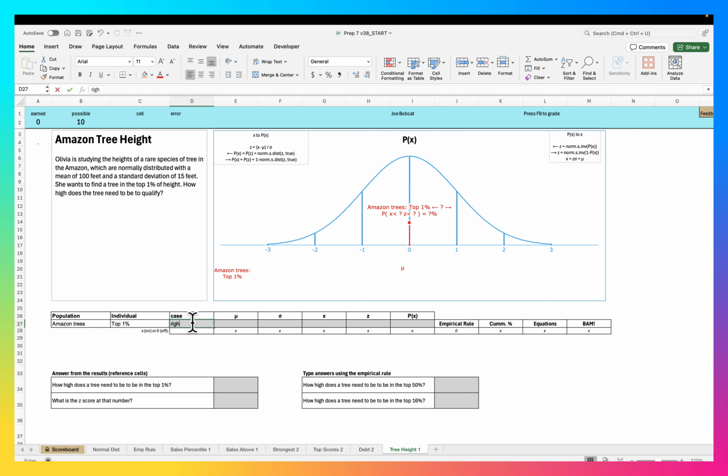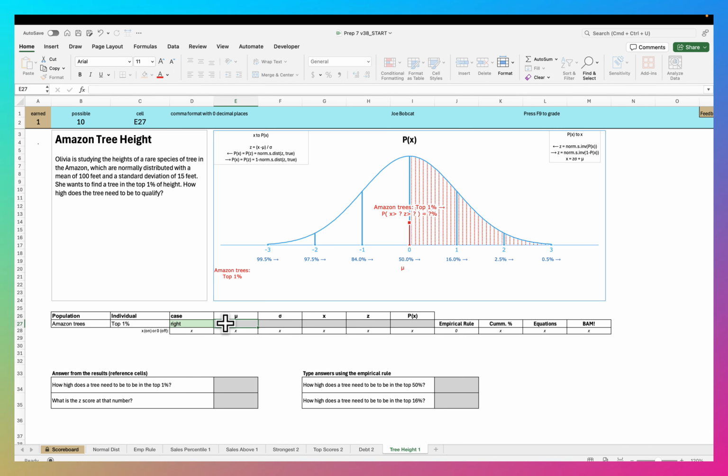So the tail is right, because we want top 1%, so we're looking to the right. Mu is 100, standard deviation is 15. X is what we're trying to find, so we'll skip that. And we do have P of X, because we want the top 1%. So we can work backwards to a z-score.